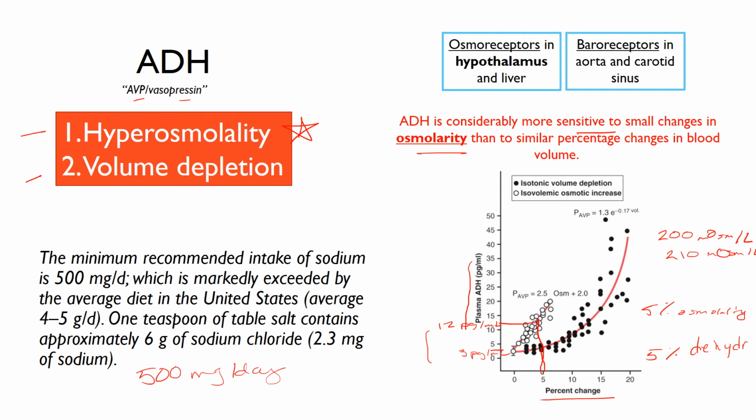Equate that to a teaspoon of table salt, which is sodium chloride. A teaspoon of table salt contains approximately 6 grams of sodium chloride, or 2.3 milligrams of sodium. So if the minimum intake is 500 milligrams of sodium per day, a teaspoon of table salt contains 2.3 milligrams, and the average person is taking in 4 to 5 grams per day.